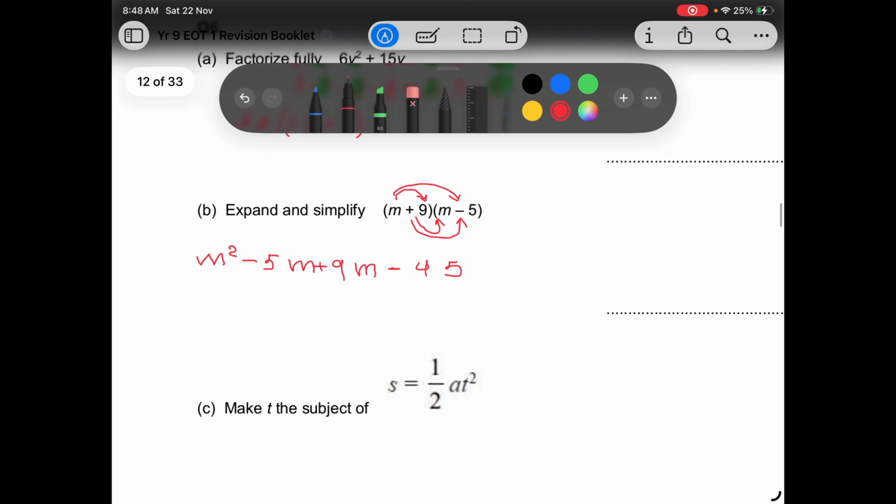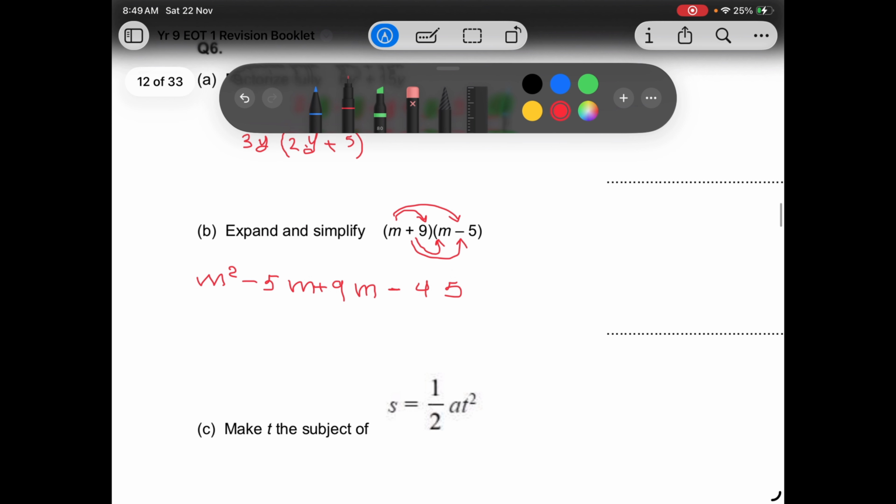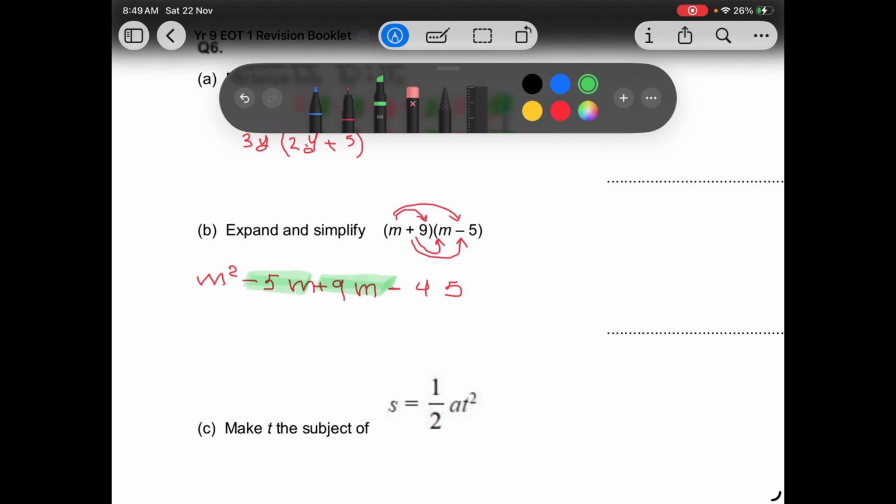There is no equal sign here. Then after this expansion, sometimes we have to look for like or similar terms, and the similar terms we have here are minus 5m and plus 9m. Like terms mean the same variable part, which is m, the same power and different coefficients.